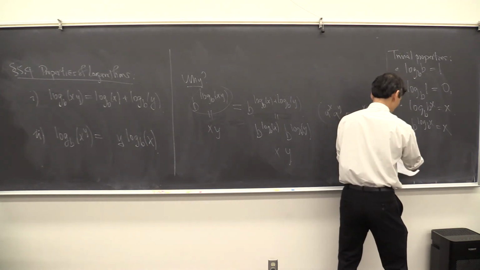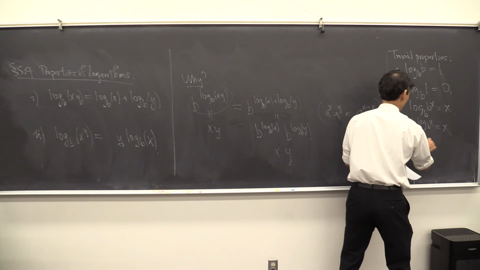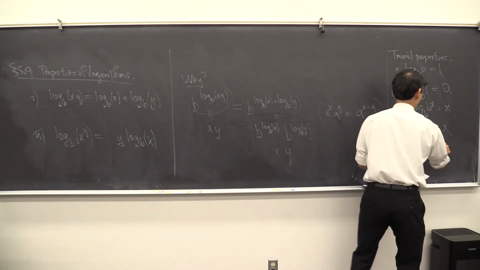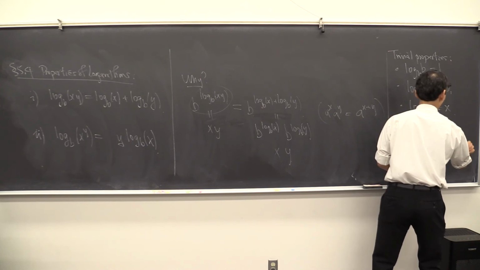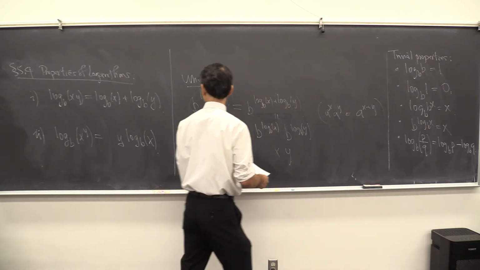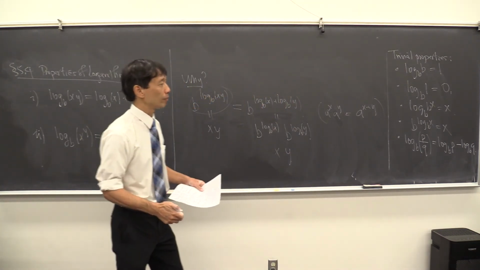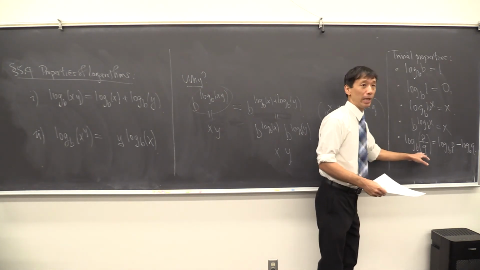The only one that is maybe a little bit sophisticated is log base b of p over q equals log base b of p minus log base b of q. But you can figure that one out.